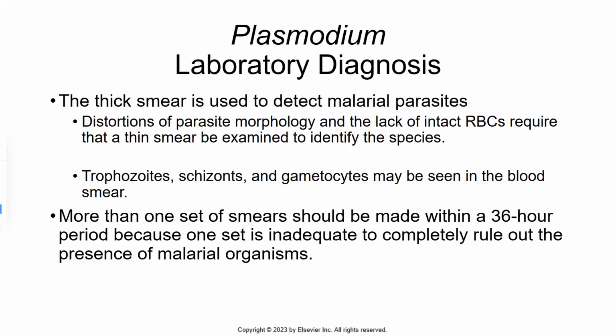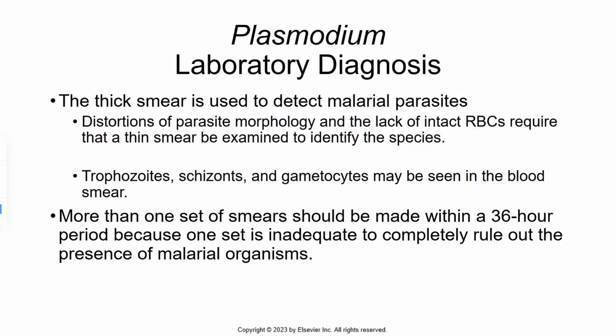If all of the infected blood cells are sticking to your blood vessel walls, then the circulating blood cells are not going to have any parasites in them. So if you do a blood draw and you see no parasite in the circulating red blood cells, it doesn't mean that the person doesn't have malaria. It just means that the stage of infection isn't at that time going to allow you to see them. So that's why we typically need more than one blood sample.